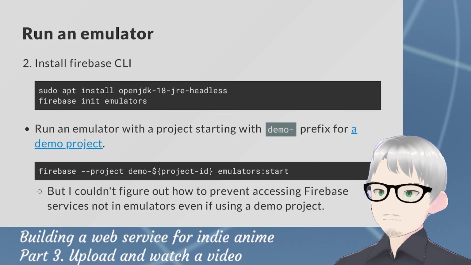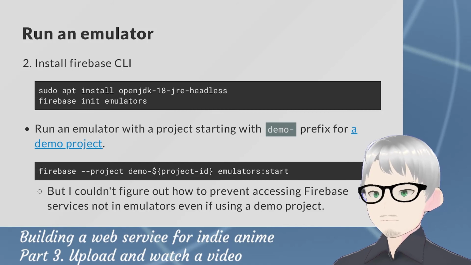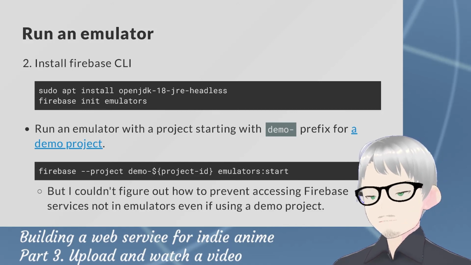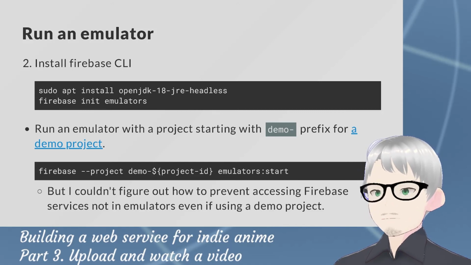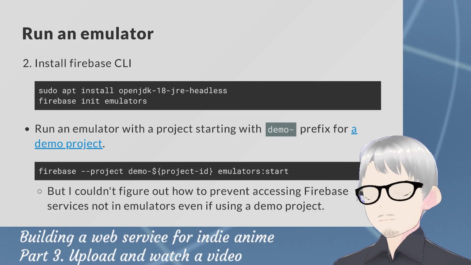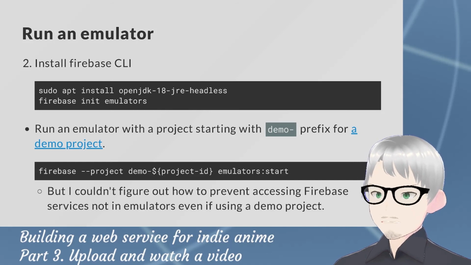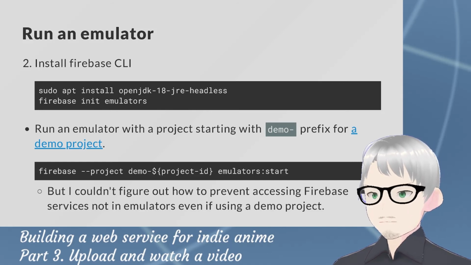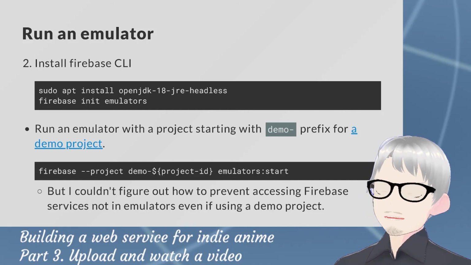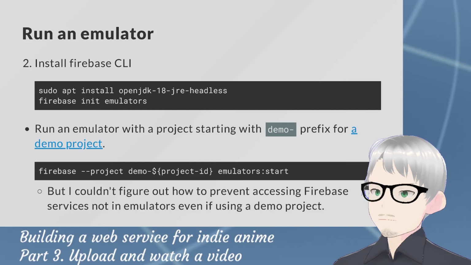However, I couldn't figure out how that works. Even if I set up the emulators and the code tries to access services not emulated, it didn't fail. Yeah, it succeeded unexpectedly.